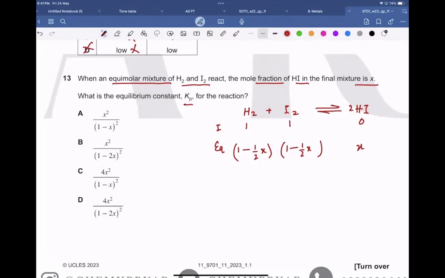That is the mole fraction, not the moles. Okay, so let me do one thing. At equilibrium, if x moles are decreased over here and x moles are decreased over here, then 2x moles of hydrogen iodide would form. Is this understandable?